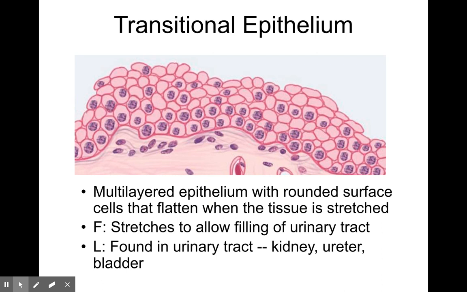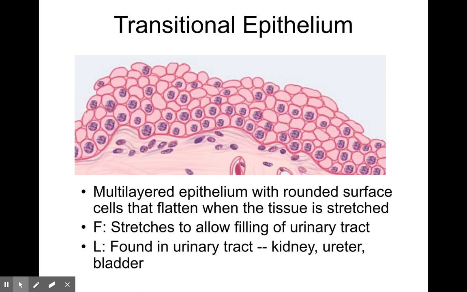Last one is transitional. And transitional has the ability to stretch and compress. So the actual shape of the cells can change. At rest, they're fully extended, but then when they're exposed to any sort of pressure, they will compress and flatten out.